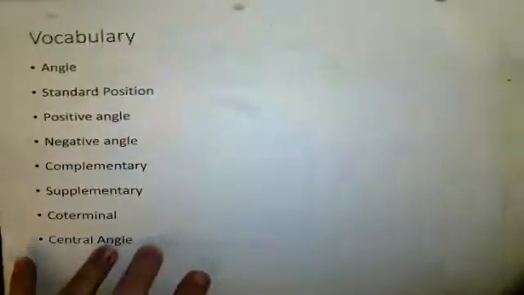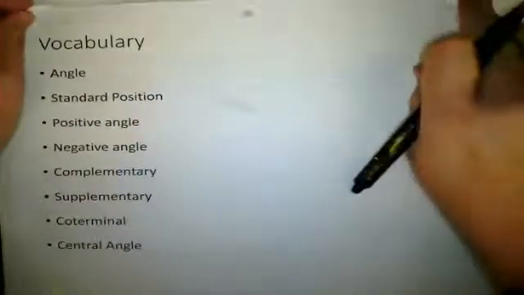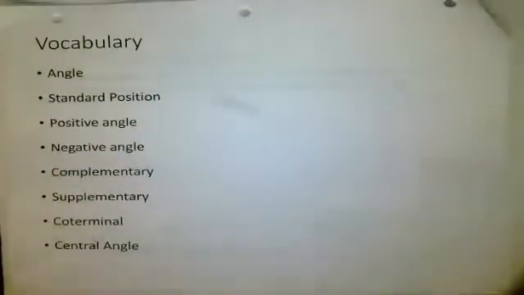All right, so first up, we have vocabulary. And I will be working in a lot of examples as we go through this vocabulary, so make sure you get them all down.